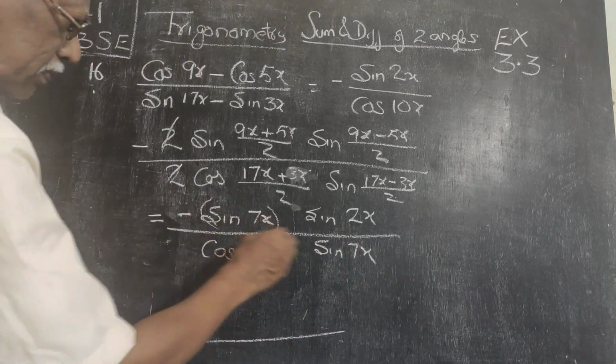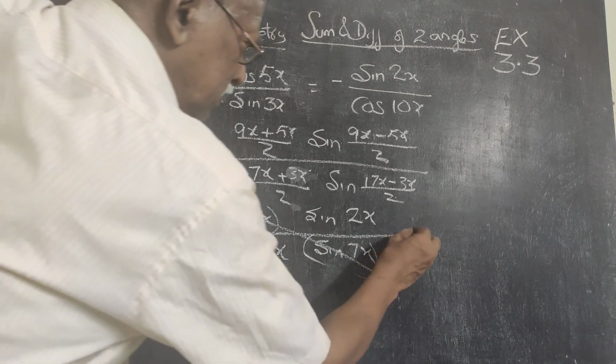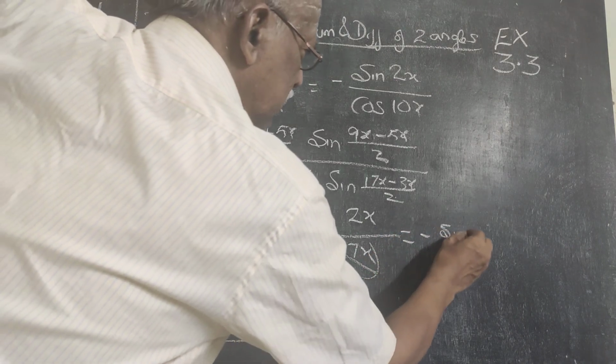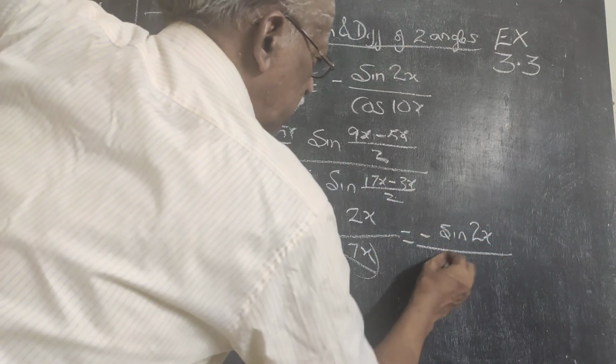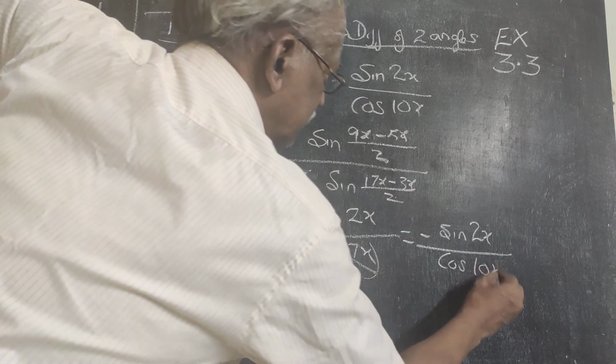The result is that this gets cancelled and you get the answer sin 2x divided by cos 10x.